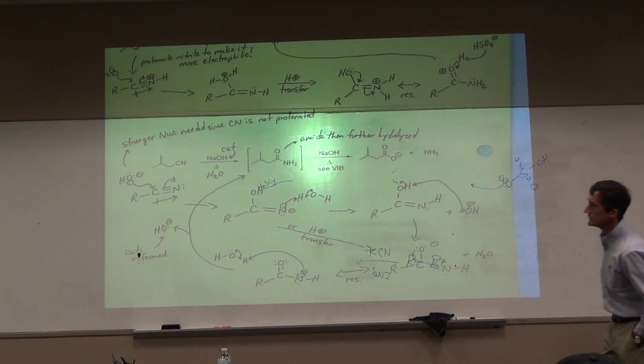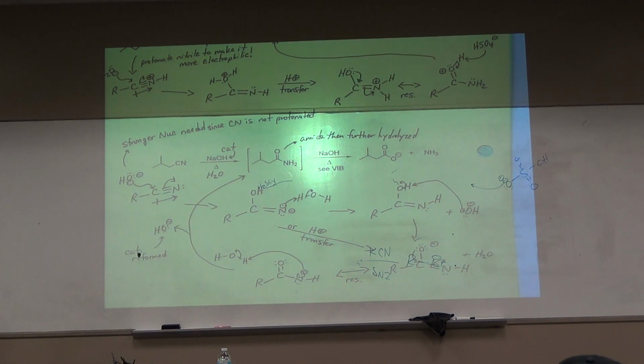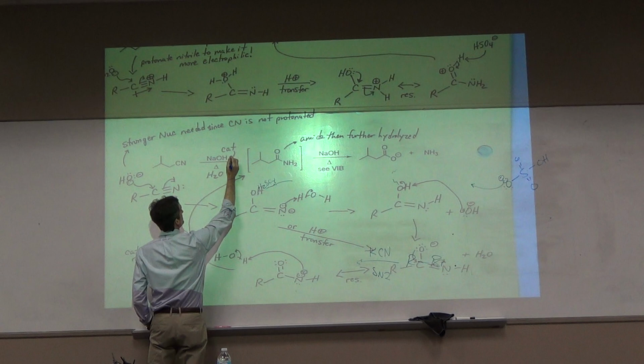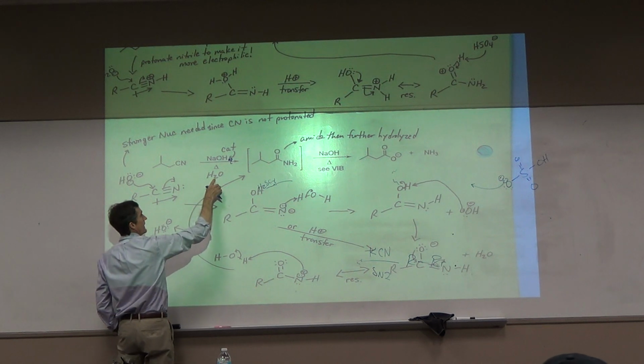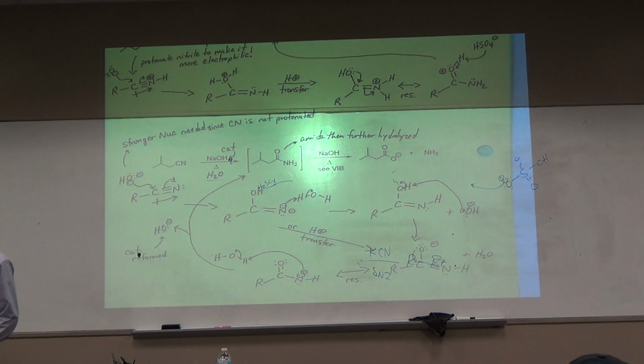Now you can also do this under basic conditions. Under basic conditions, what's the first step? Hydroxide attacks the carbon. Yeah. And this is just showing sodium hydroxide, and maybe I do that as well. But it's going to be aqueous, and so there also needs to be water, and actually that hydroxide is catalyst.